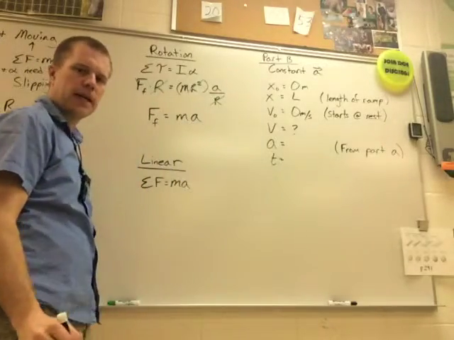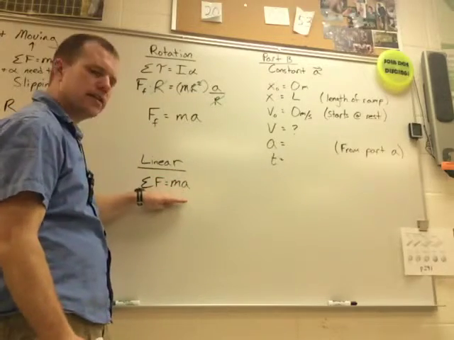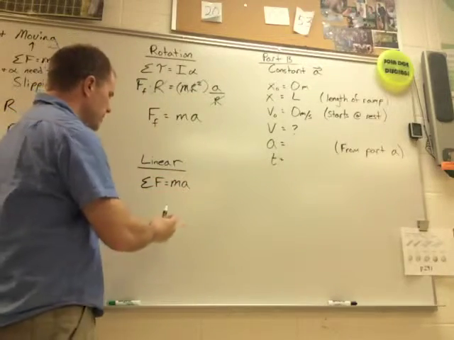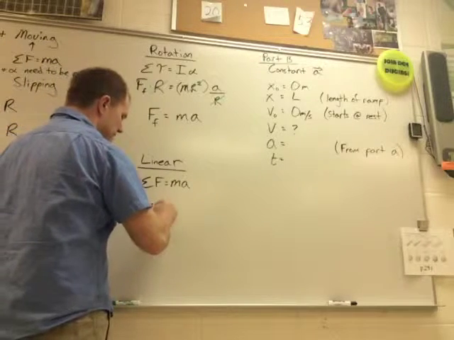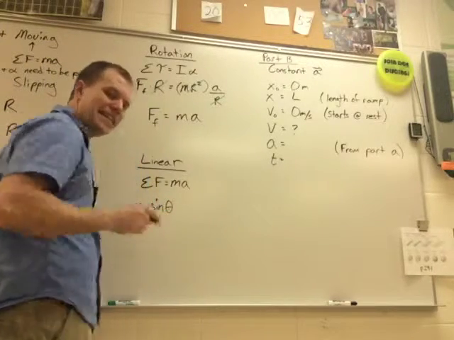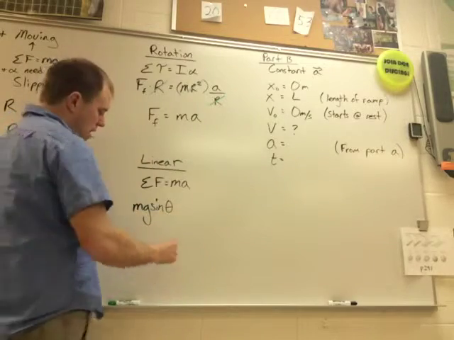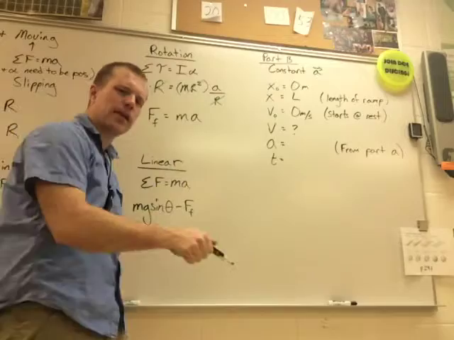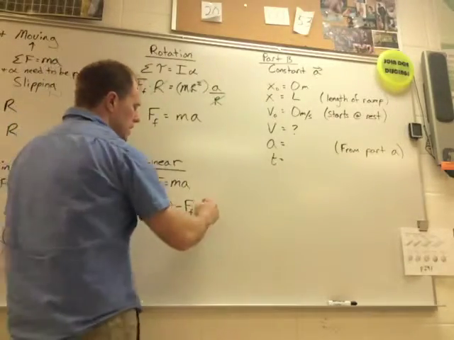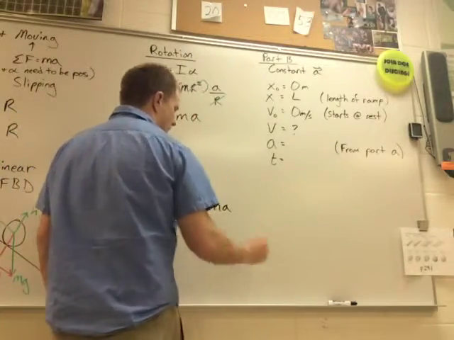I'm going to need that when I plug it into my linear problem down here. So in the linear problem, I have mg sine of theta acting down the incline. I have force of friction acting up the incline. I'm calling down the incline my positive direction, and that is equal to ma.